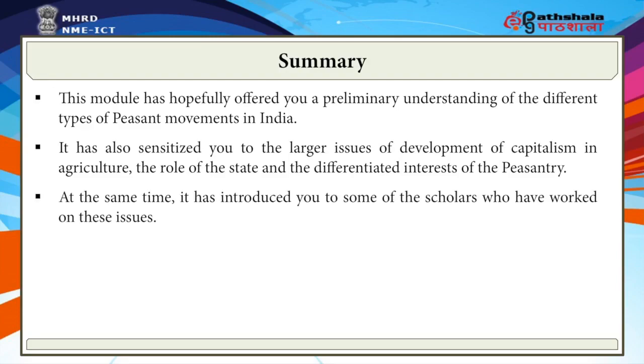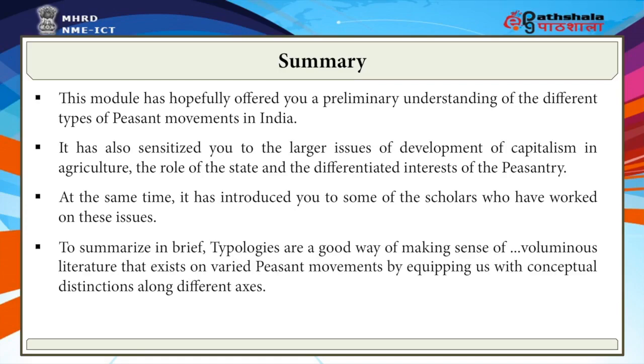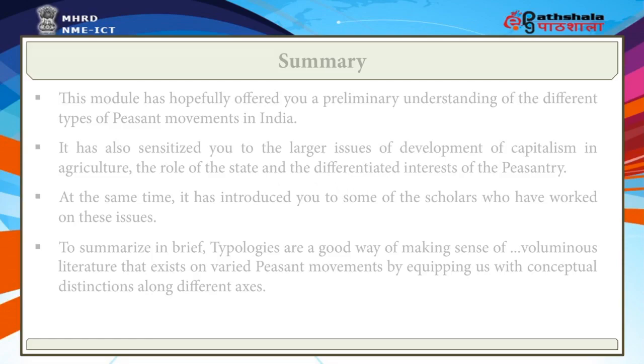At the same time, it has introduced you to some of the scholars who have worked on these issues. To summarize in brief, typologies are a good way of making sense of voluminous literature that exists on varied peasant movements by equipping us with conceptual distinctions along different axes.